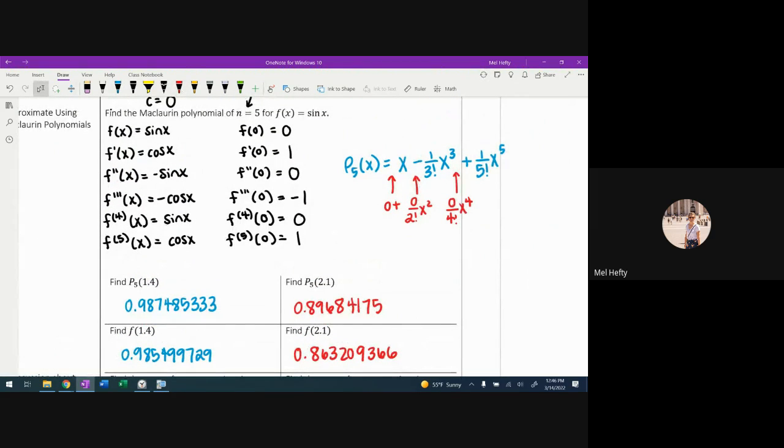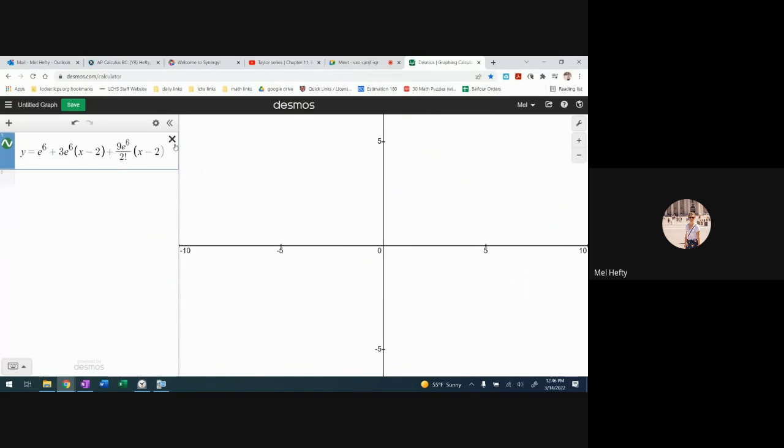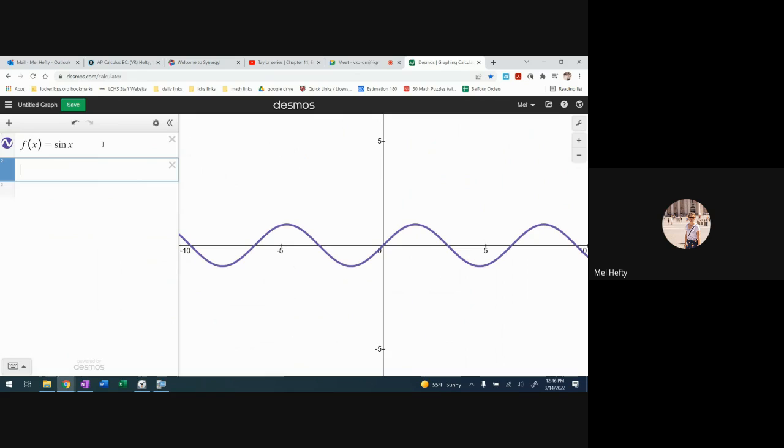So let me ask you a question. Let's go back to our graph. I'll home screen myself. What was our function that we were doing? All right. Here is our Taylor, x minus 1, 3 factorial x cubed.